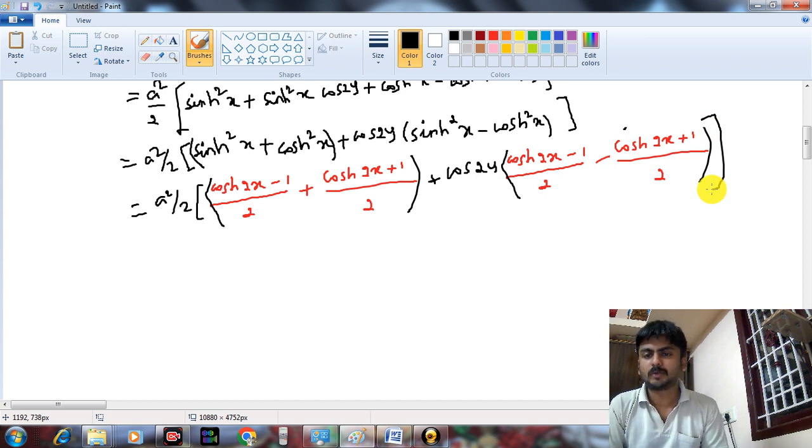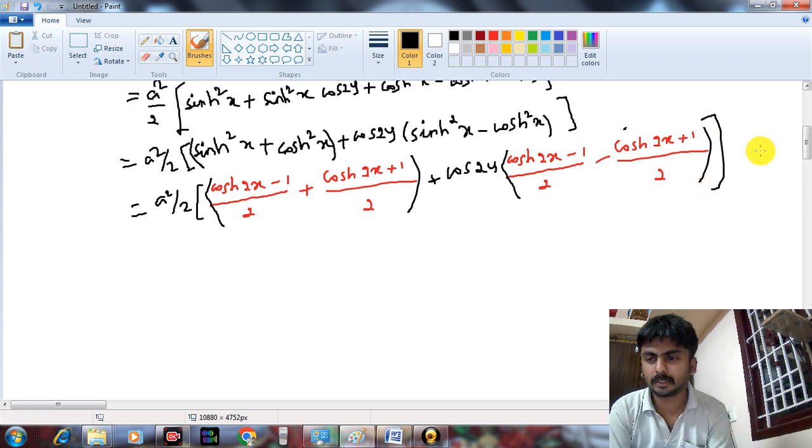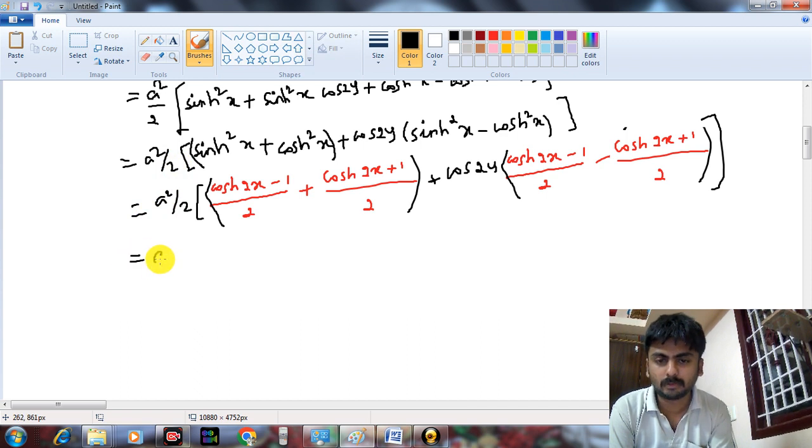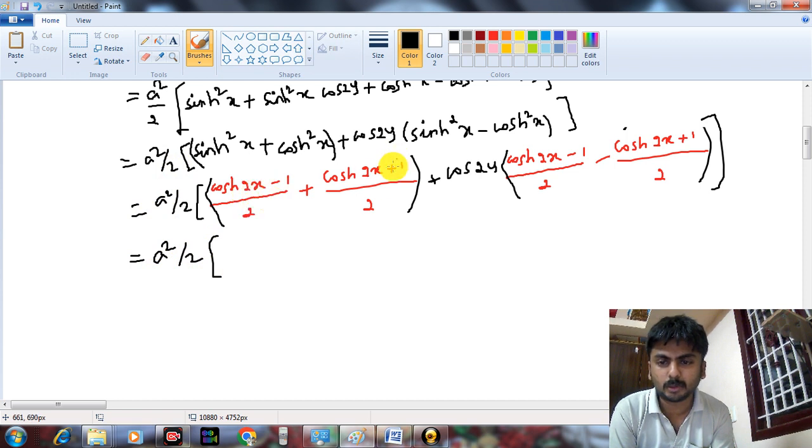Okay, so we have added these two here and subtracted these two here. Now when we are adding, okay, I am telling everything very slowly. When we are adding, we will have a square divided by 2 into, this minus 1 by 2 and plus 1 by 2 will get cancelled, so we get 2 cos h 2x.